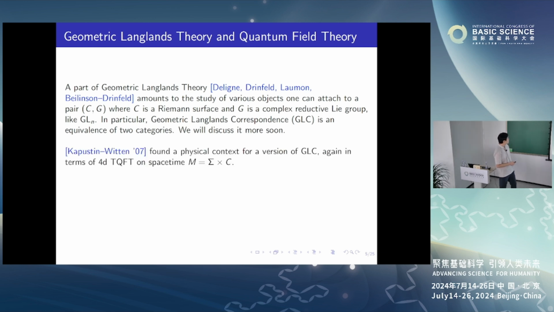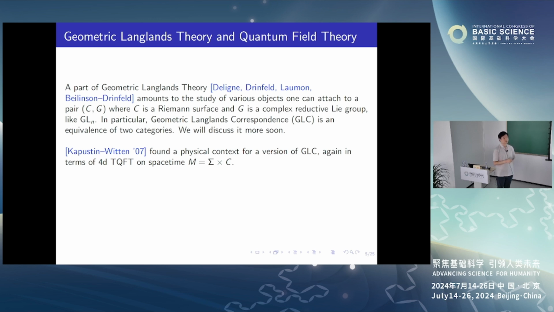And the story for today is that it actually starts with this work of Kapustin and Witten, who found a physical context, just like what I showed in the previous slides, for a version of the geometric Langlands correspondence, again in terms of 4D TQFT. When I say 4D TQFT, the important thing is that your space-time manifold is a four-manifold.